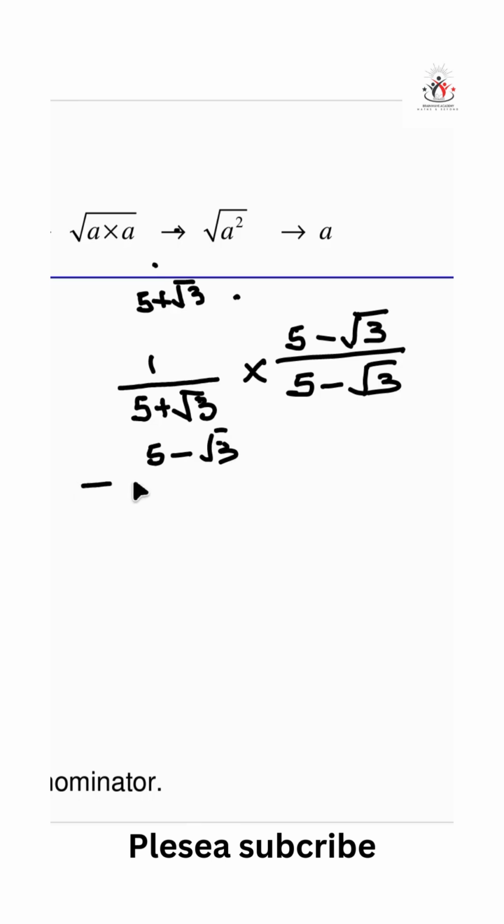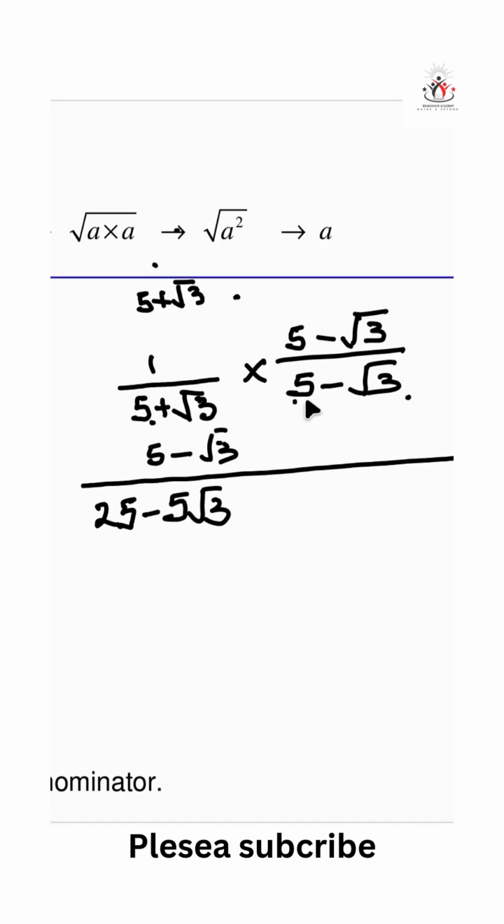Now if I multiply 5 by 5, I'm going to get 25, or 5 squared is the same thing. 5 multiplied by minus root 3 is minus 5 root 3. So I did this and this. Second, I do this and this. Now for the third one, I'm going to get plus 5 root 3, 5 multiplied by root 3.